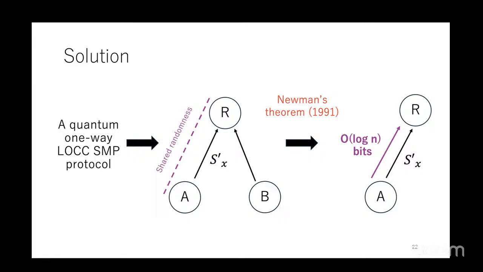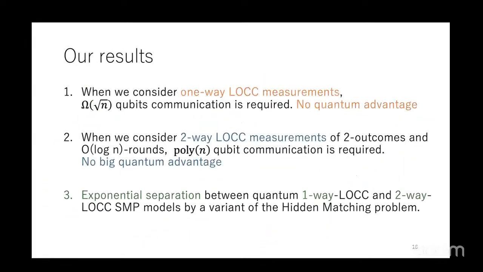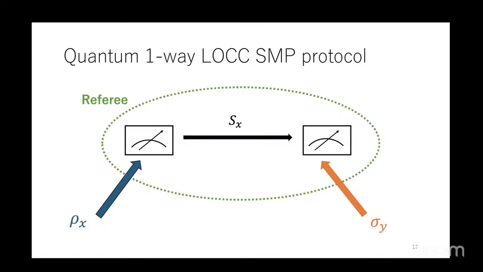Could you go back to the formulation? How did you formulate the problem? So the problem is Alice and Bob. The referee gets some rho x and sigma y.